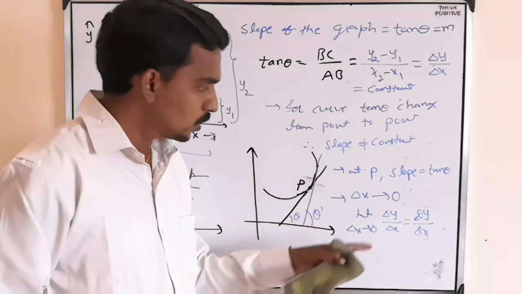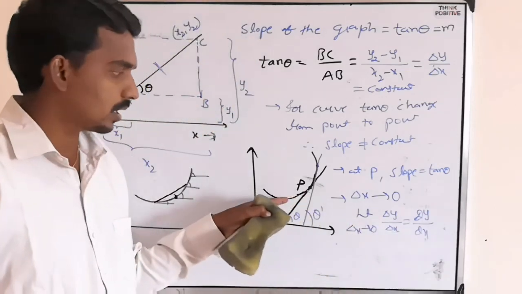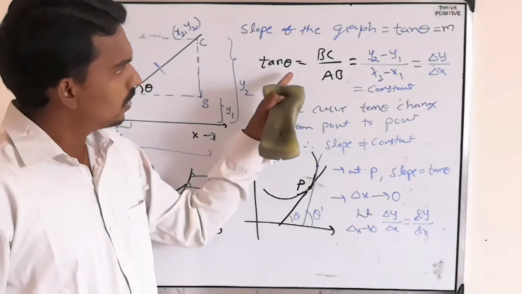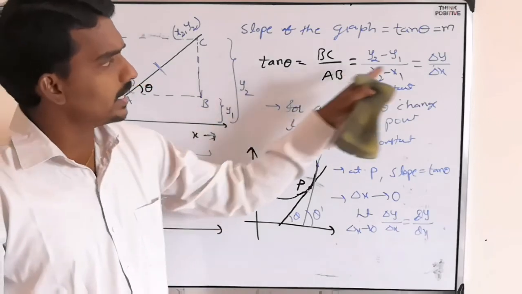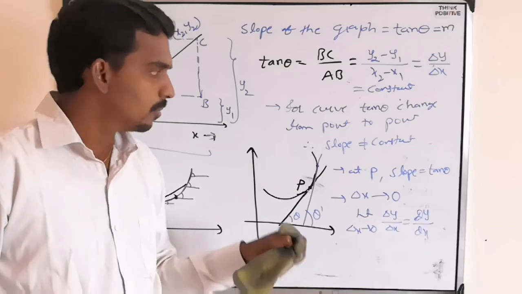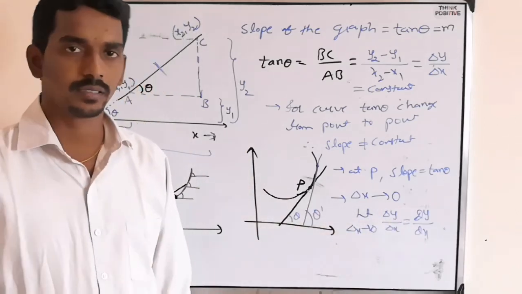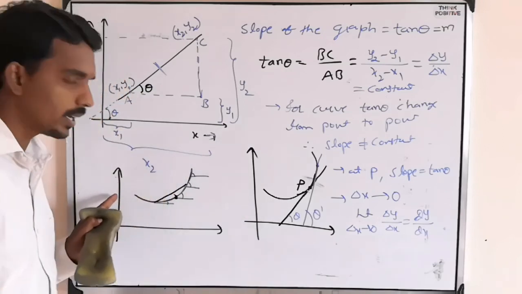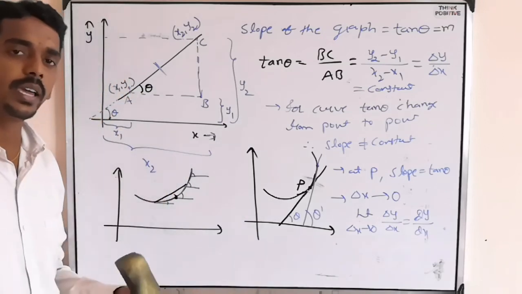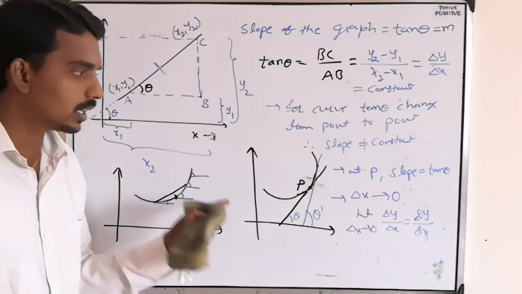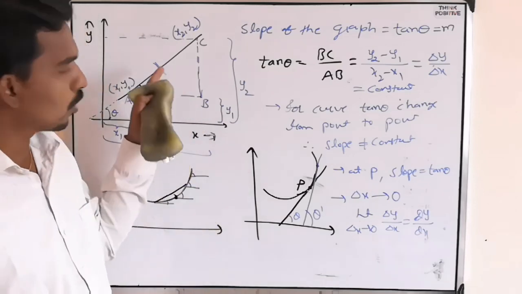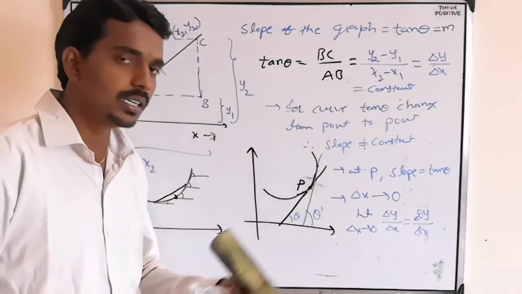Nothing but slope of the curve. So, slope of the straight line is delta y by delta x. But slope of the curve is dy by dx, differentiation of y quantity with respect to x quantity. That is the difference between slope of straight line and curve.